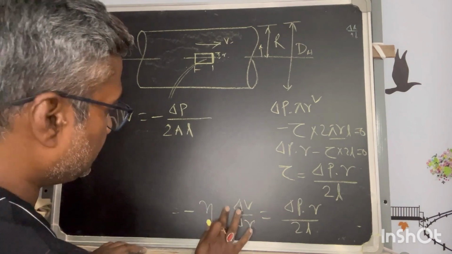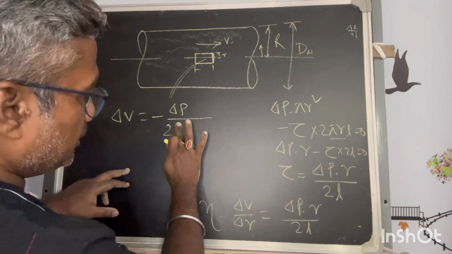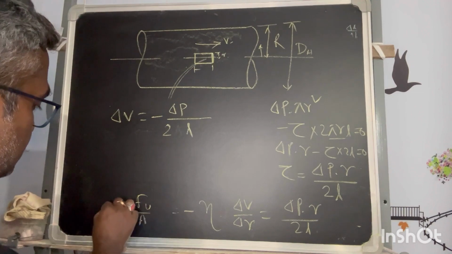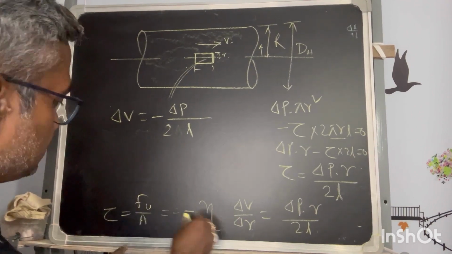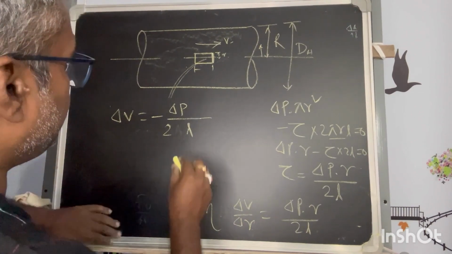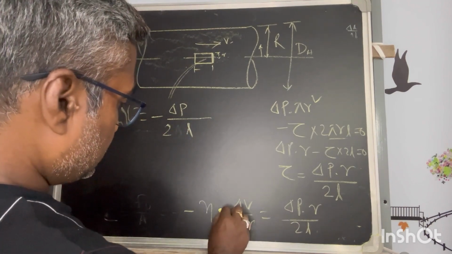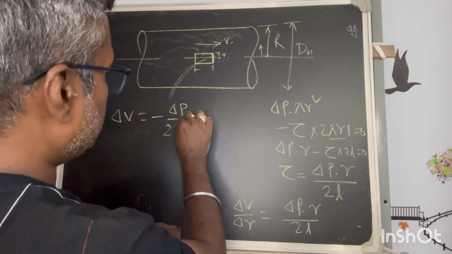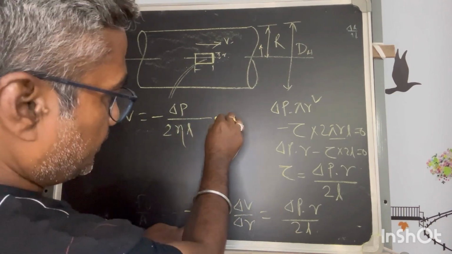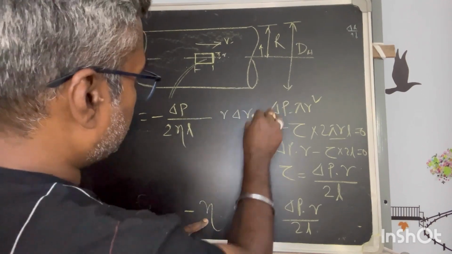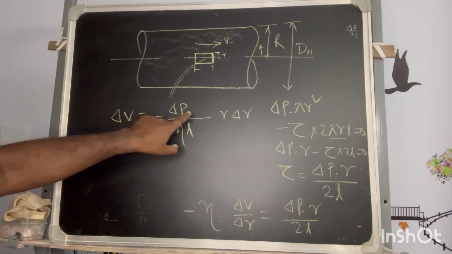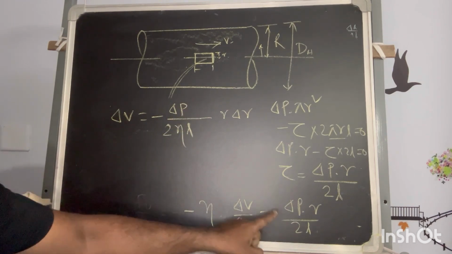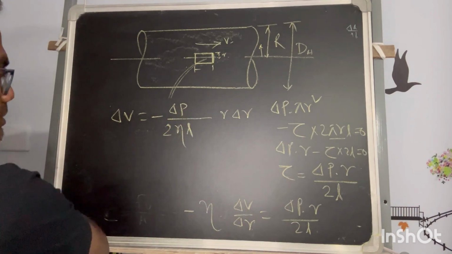No, A will not be there, because Fv by A is already taken as tau, so that is equal to this much only, so A will not be there. Okay, fine. So 2L, minus is there, eta is there, and the remaining is r into delta r. So dv is equal to minus delta p by 2 eta L into r delta r.